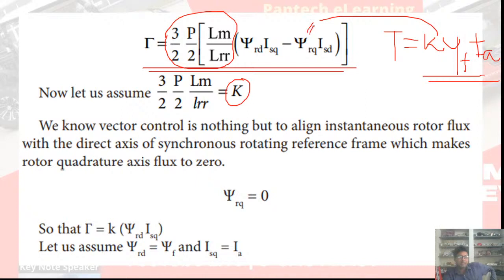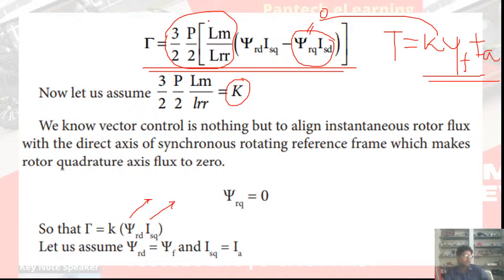Now if I make this term psi RQ as 0, then this term will be vanished, and my torque equation will be converted as K into psi RD into ISQ.